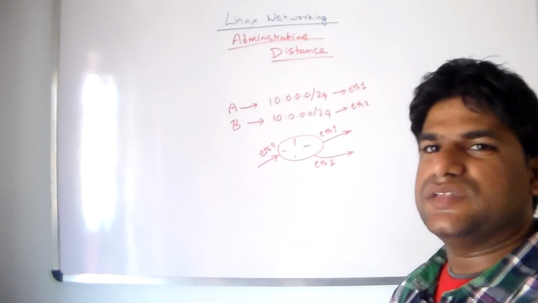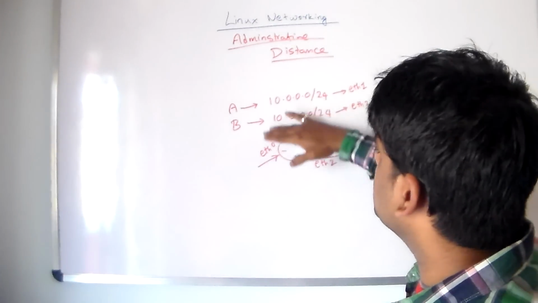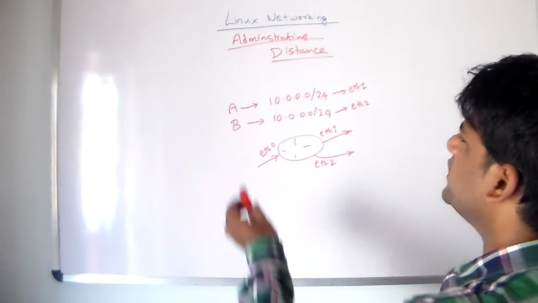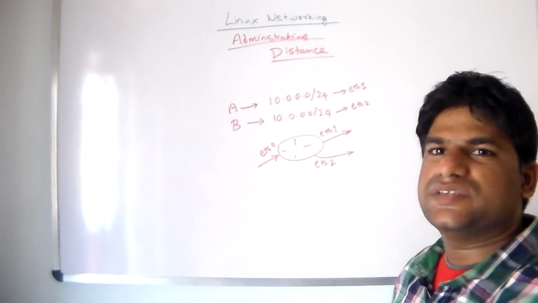It has nothing to do with any first come first serve basis or the order of the routing table entries. Instead it carries a weightage, something like administrative distance.